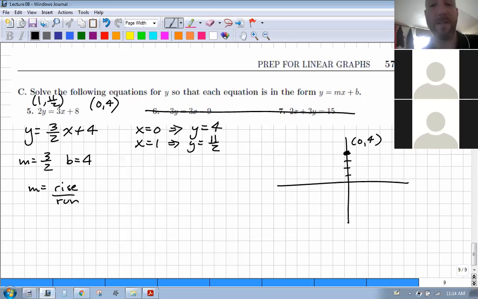Rise over run tells us that if we go up 3 and to the right 2, 1, 2, 3, 1, 2. So if we went up 3, it would be at 7, and to the right 2 from 0 to 2.